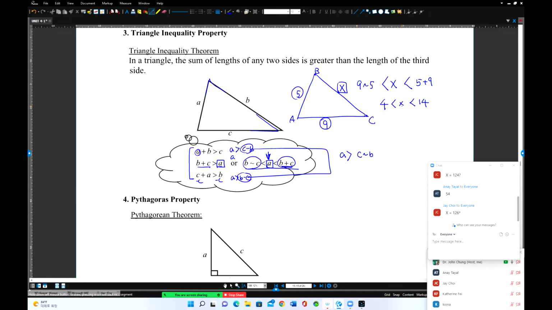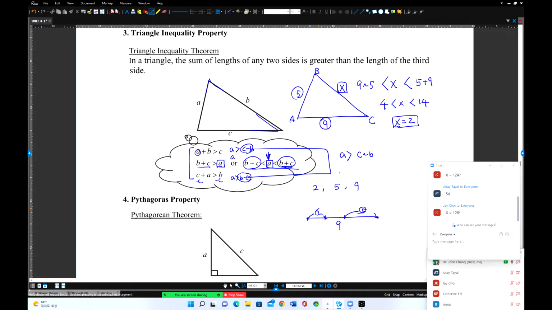What happens if x is 2, less than 4? But x should be greater than 4. This is 5, this is 9, this is 2. Too short. We have 3 lengths: 2, 5, and 9. 9 is the longer side. 2 is over here, 5 is up to here.